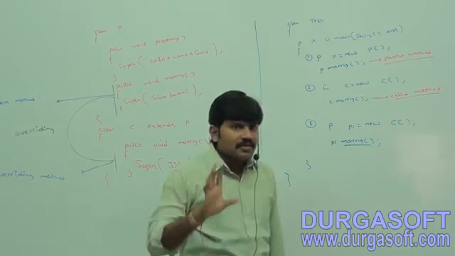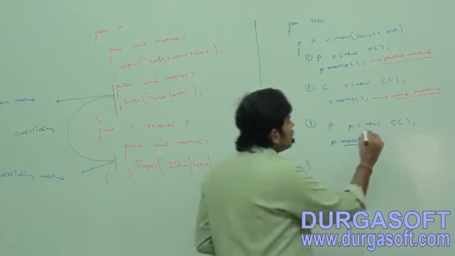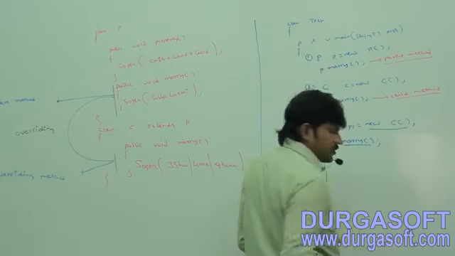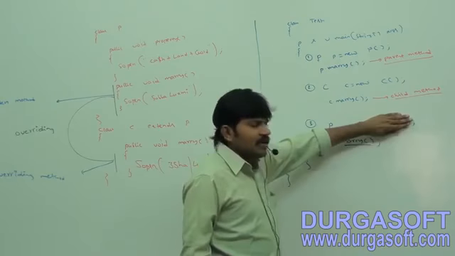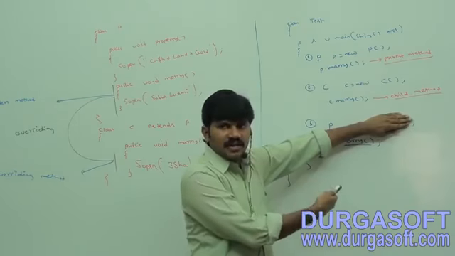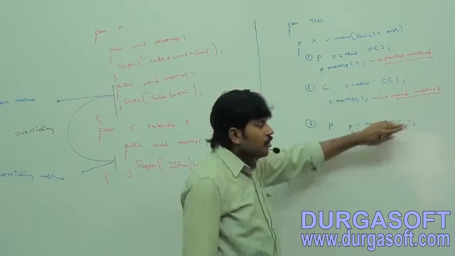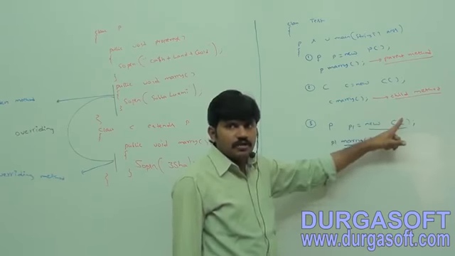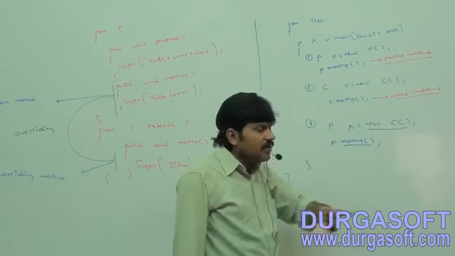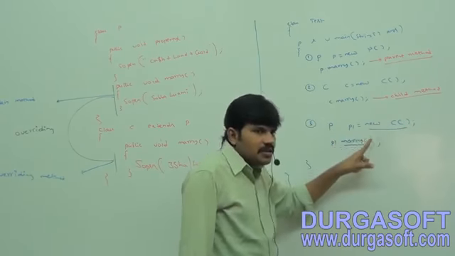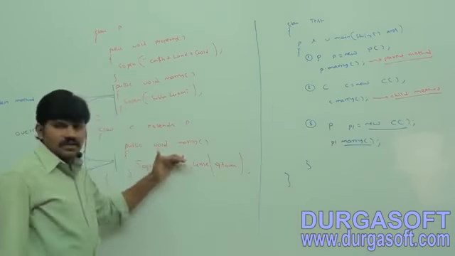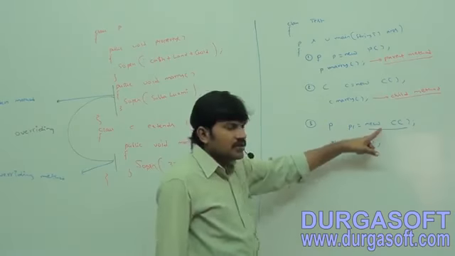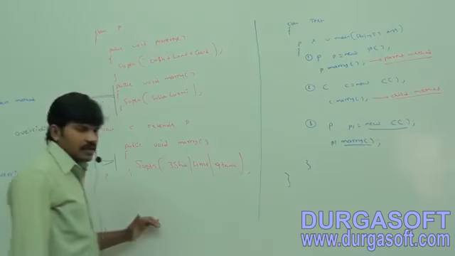At runtime the JVM will check whether it is a parent object or a child object. If it is a parent object, anyway the parent class contains the marry method, so execute that. If it is a child object, parent reference with child object, immediately the JVM will check in the child class whether this method is overriding or not.